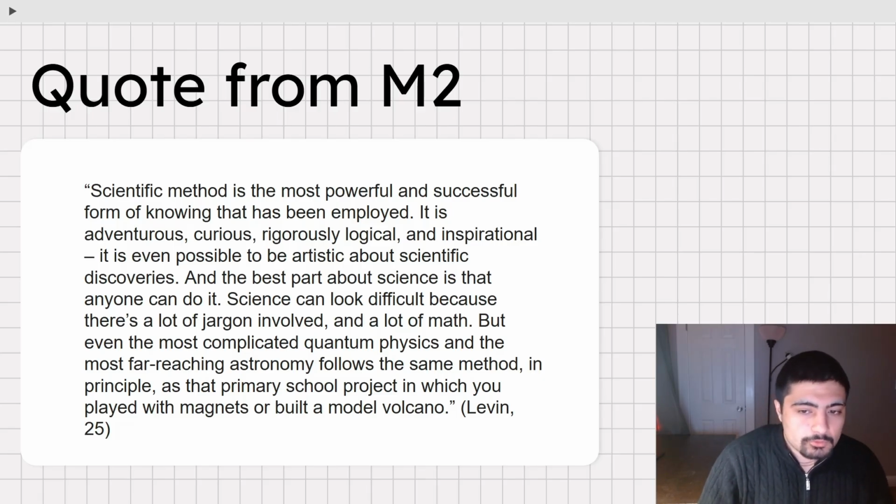Science can look difficult because there's a lot of jargon involved and a lot of math. But even the most complicated quantum physics and the most far-reaching astronomy follow the same method in principle as a primary school project in which you played with magnets or built a model volcano.